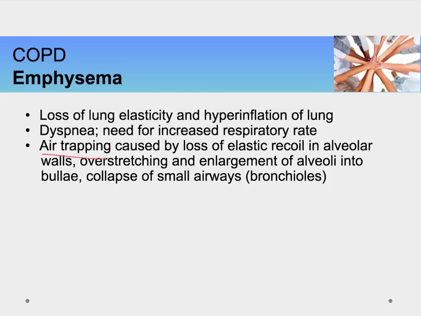So it really causes poor recoil in the alveoli. If you looked at the normal anatomy and physiology of how the alveolar sacs expand when we're taking in a breath, in a person with emphysema it's not working correctly because of the loss of elasticity.